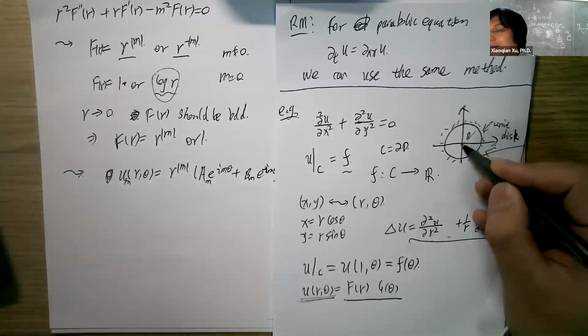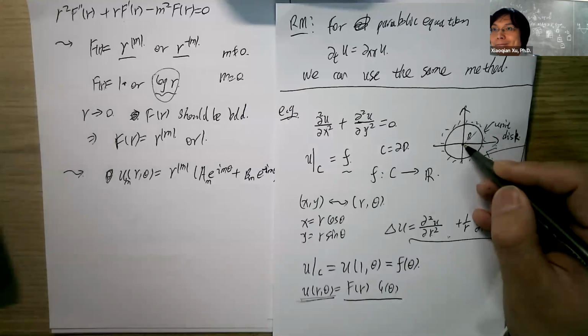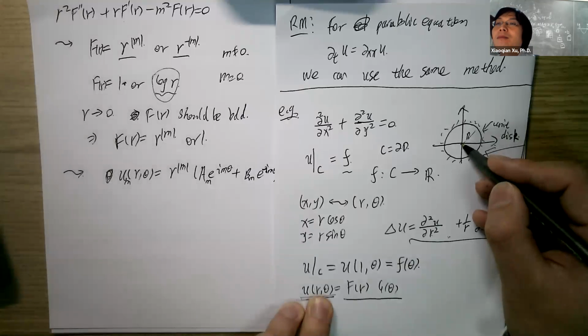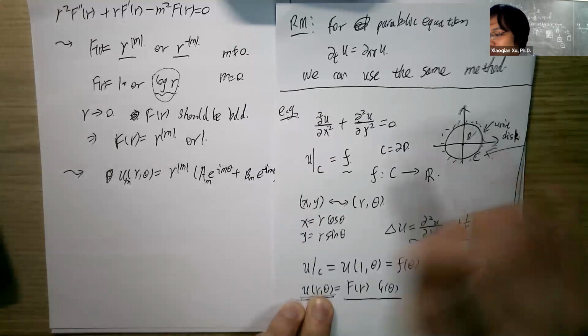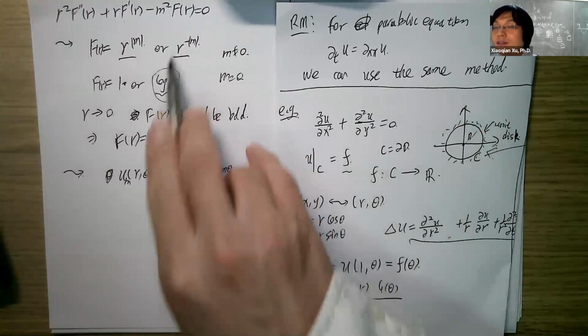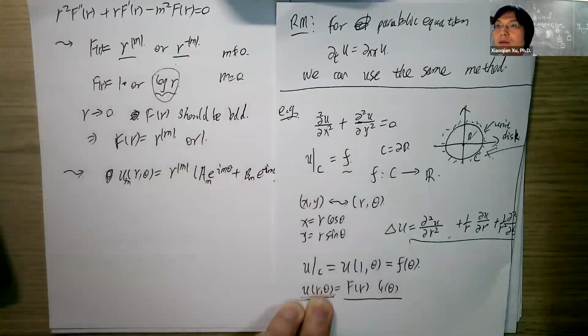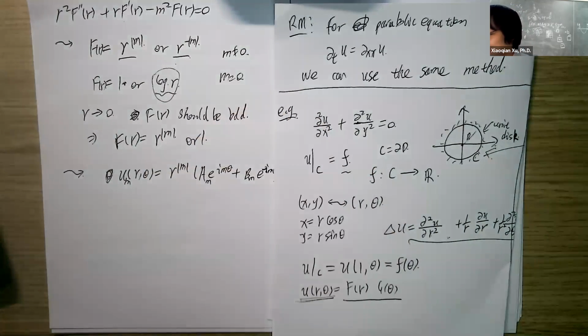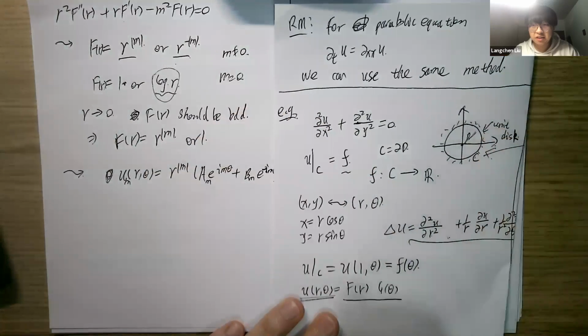We only study this disk. So u at 0 should be some real value. But for this one, if r tends to 0, it equals infinity. So it is not a real value, so we want to discard them.